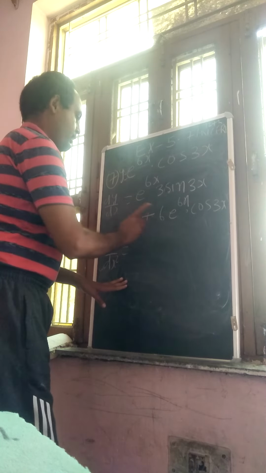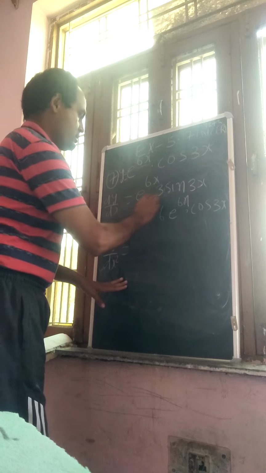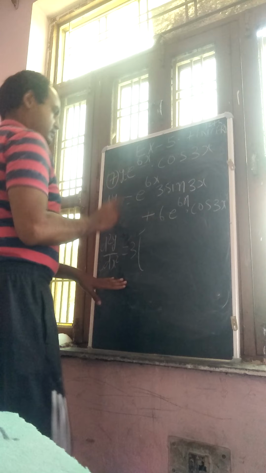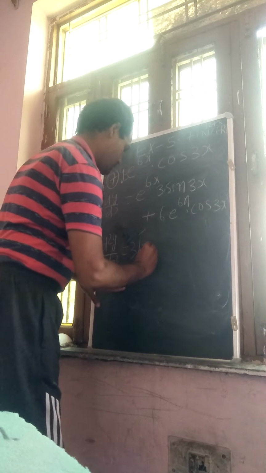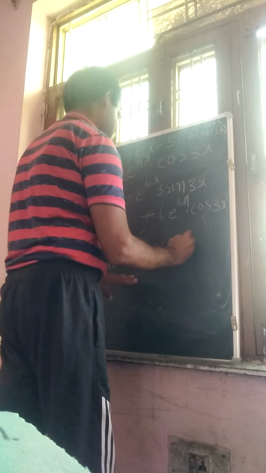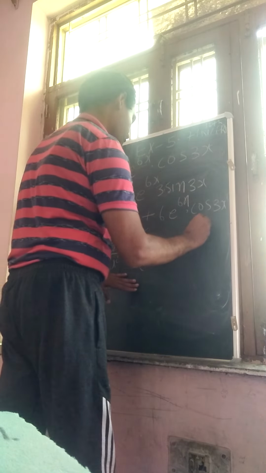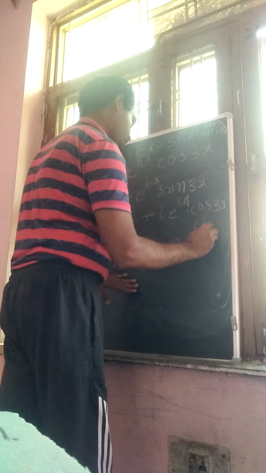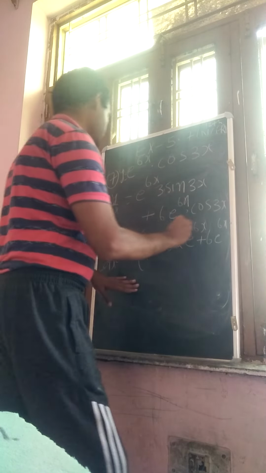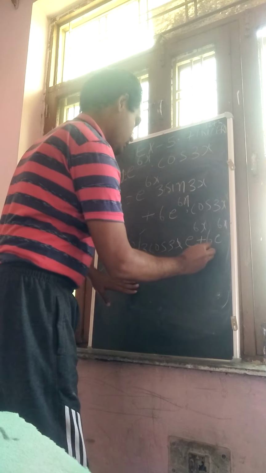For the second, constant is 3, so we have to write 3 here and differentiation of sin 3x, so 3 cos 3x into e to the power 6x plus 6 e to the power 6x into sin 3x.